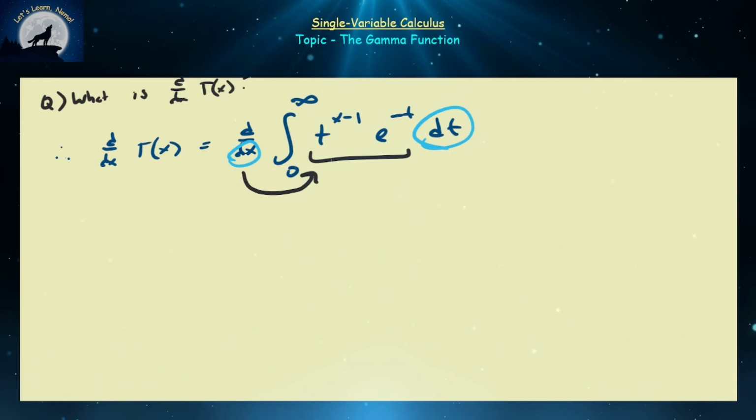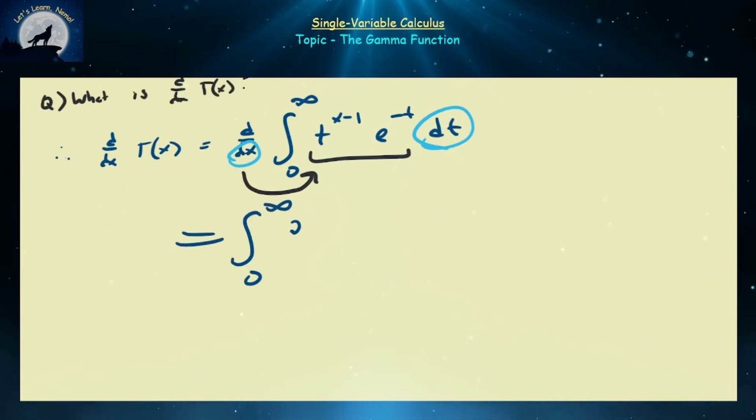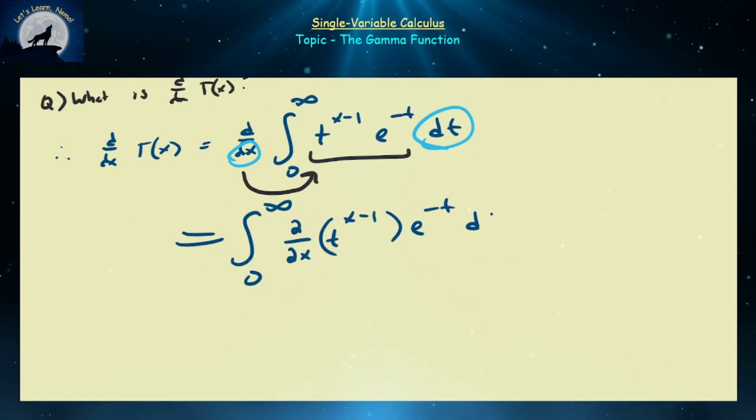But notice that there's both t and x, so do we have to do partial differentiation here? Actually not. So what this expression is going to turn into is the integral from 0 to infinity of d over dx of t to the x minus 1 e to the minus t dt. Now notice that I've changed my notation for d over dx here.